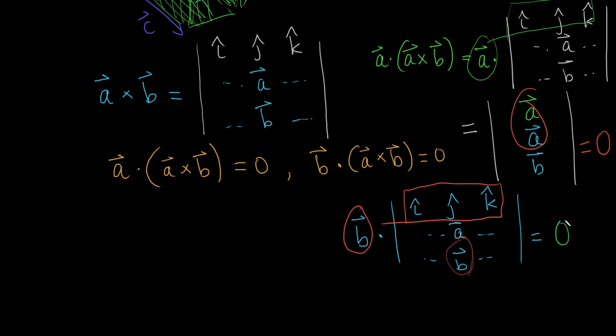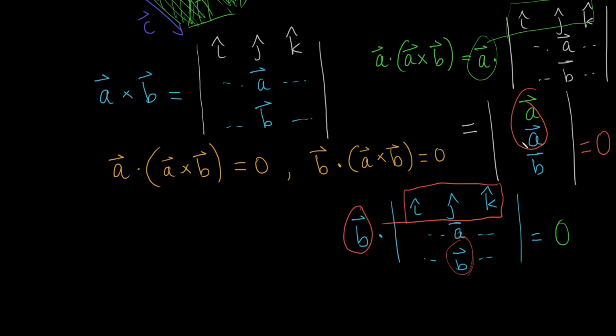So I hope you see now that this way of talking about determinants, where we have the basis vectors in one of the rows, whenever we dot it with any of the vectors here, is going to involve that vector usurping the position of the basis vectors, which will result in a determinant of two equal vectors, as we've seen here in the case for a and b.